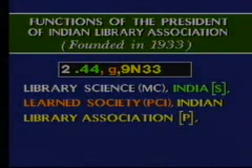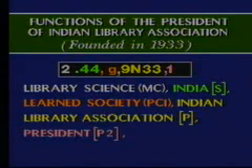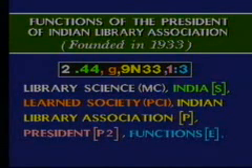Here, the number for chronological device is preceded by 9. 1 stands for President, that is P2, taken from the main class V, History. 3 stands for Functions, the energy facet E, taken from main class V, History.